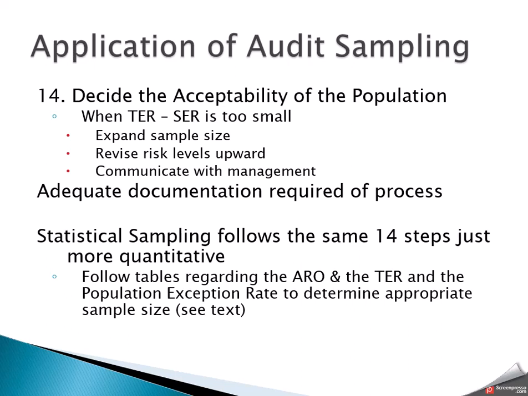Do they give us this in the text? Follow the tables in the text. Let's see. For the non-statistical sampling tests of control, Tables 15.4 and 15.5 give you some guidelines.